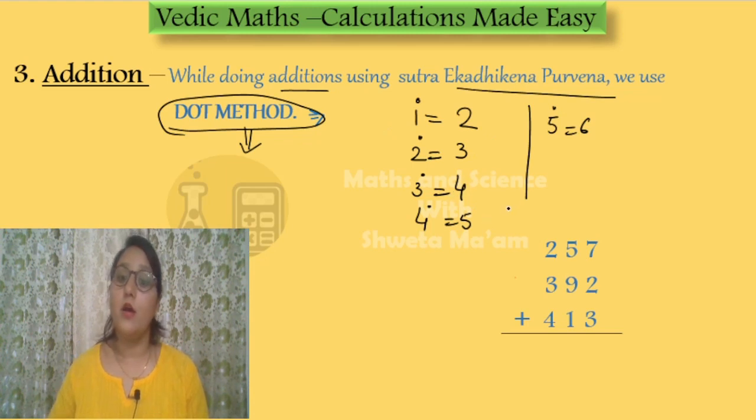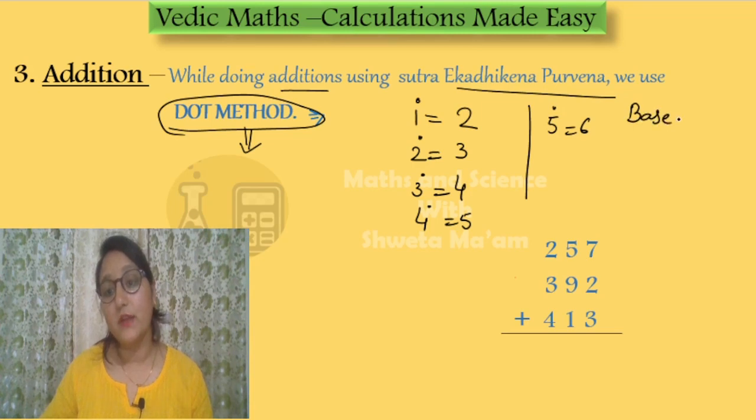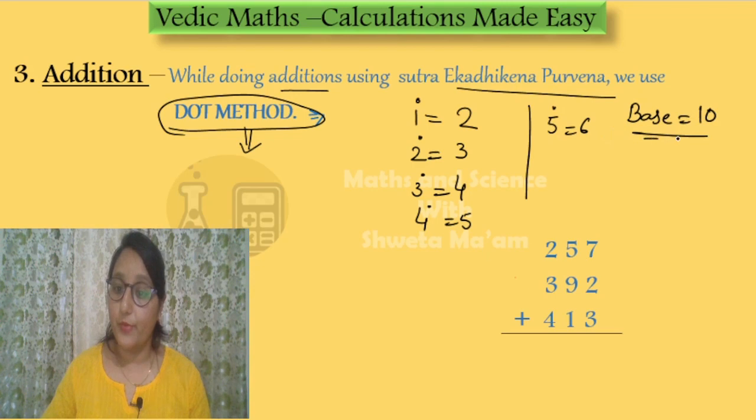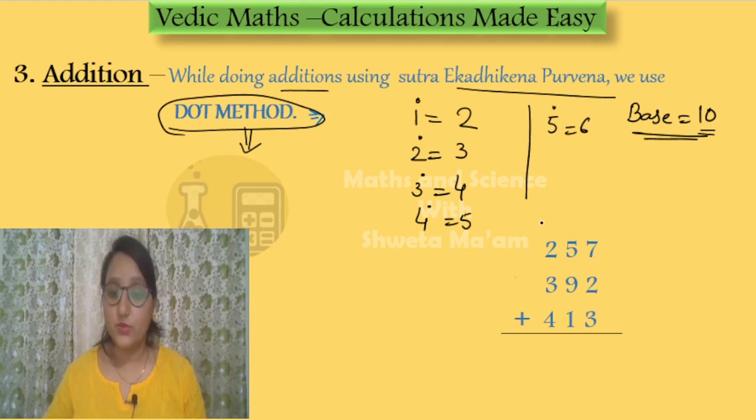And one more thing, we will be using the base number as 10. Base number as 10 means all those numbers which we will be adding here will be near to base 10. Now let's do this addition and see how we need to apply this dot method.